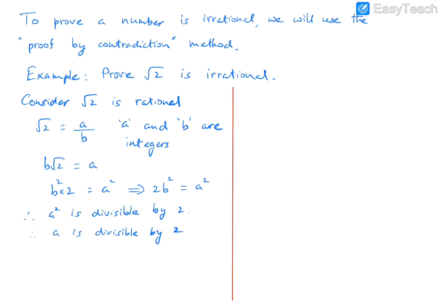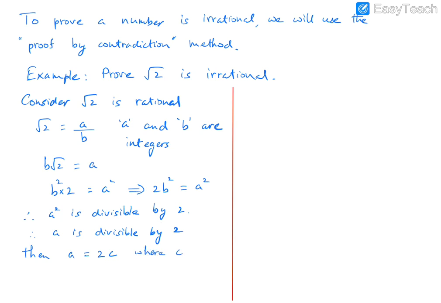If a is divisible by 2, that means we can write a as a multiple of 2, right? So we can write a as 2 times something. We'll call that something c, where c is another integer.